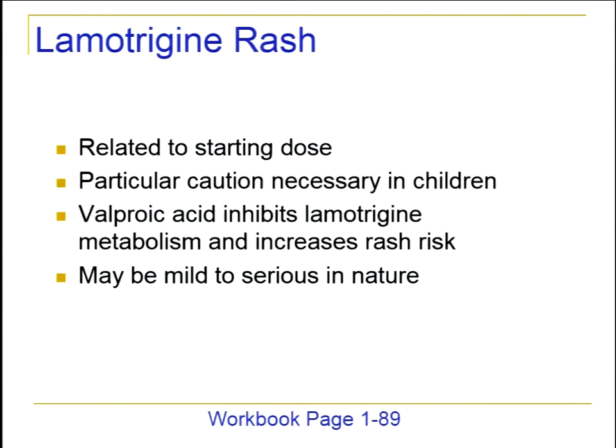So the rash with lamotrigine is a little bit unusual because it is related to the starting dose of the medication and to some extent how fast you go up on the drug. So that's why we have a really slow titration schedule. And you want to be especially careful in pediatric patients that you're getting the right dose. And there's even a 5 milligram tablet to use so that you can get the appropriate dose for those kids.